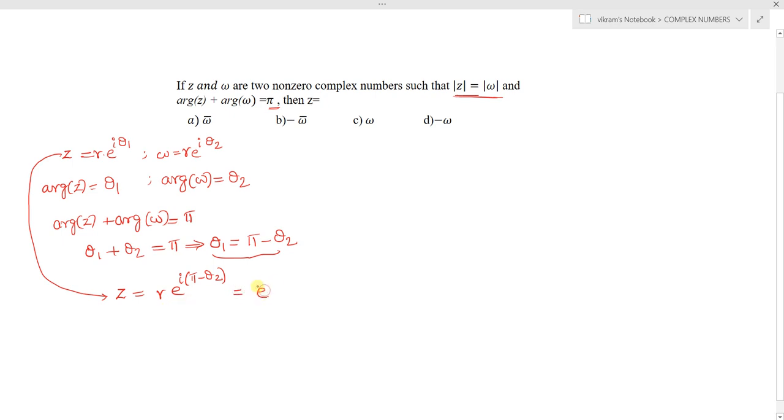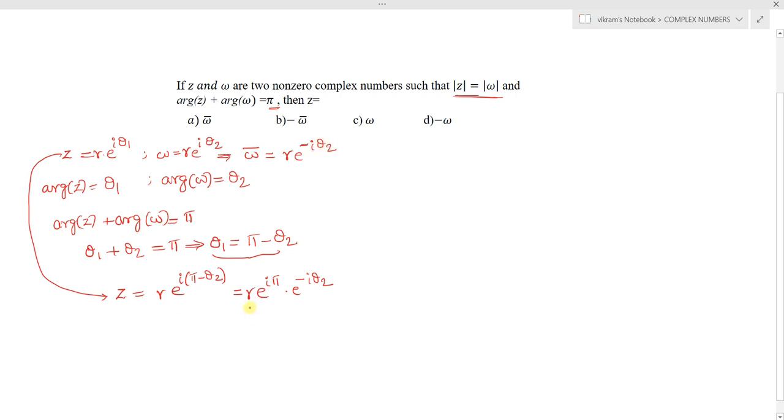Now we can write this as r into e power i pi into e power minus i theta 2. We know that if omega equals r into e power i theta 2, its conjugate can be written as omega conjugate equals r into e power minus i theta 2.